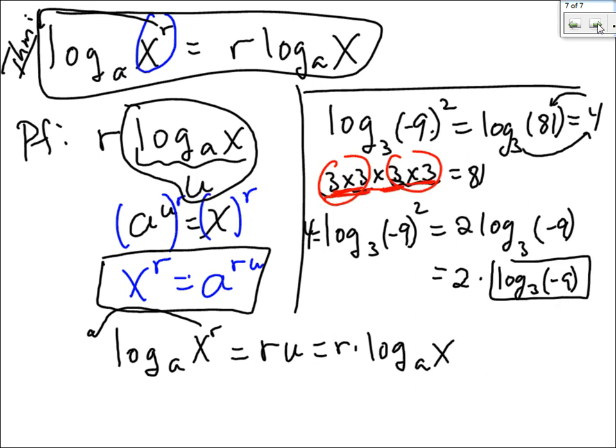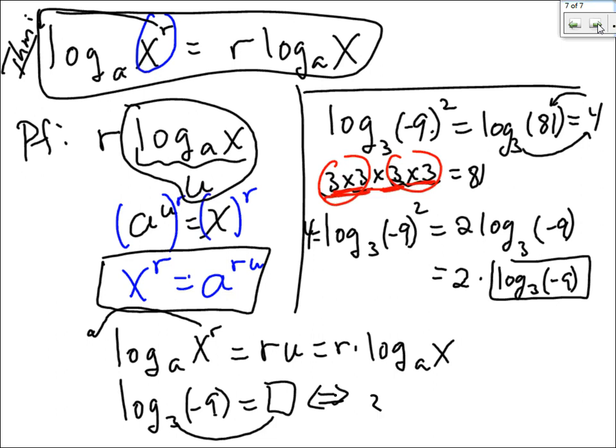This is saying 3 to some power is negative 9. But 3 to no power is negative. That is, this here is not defined. This expression is not well defined.